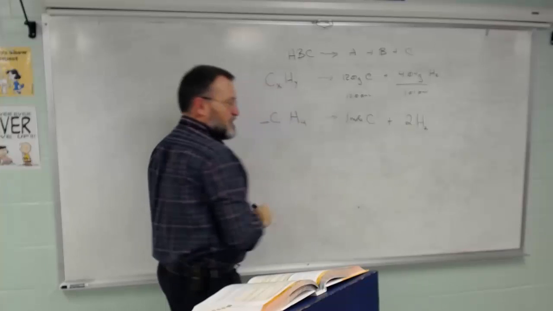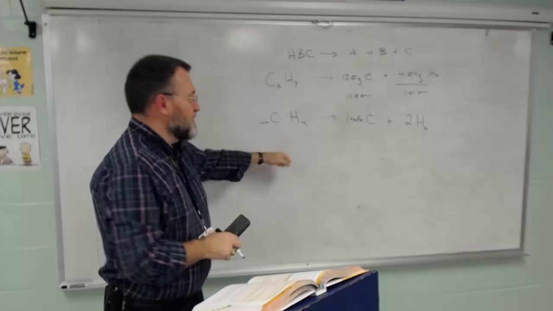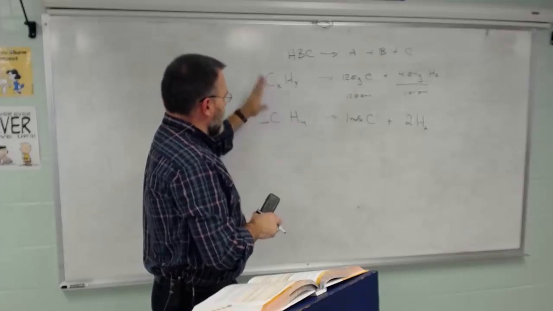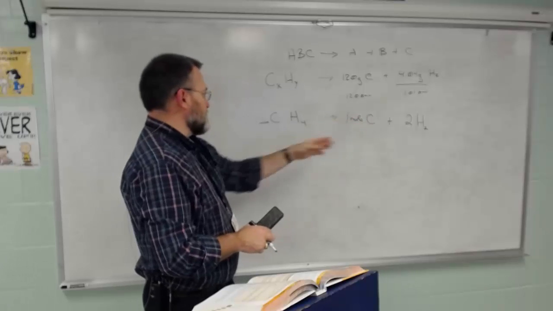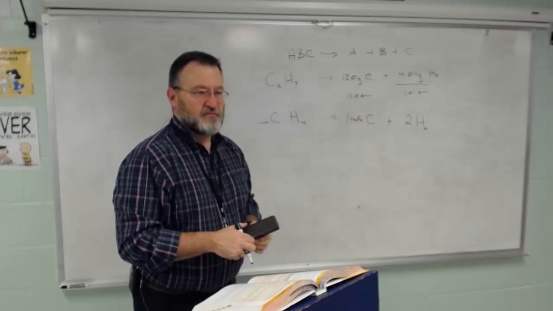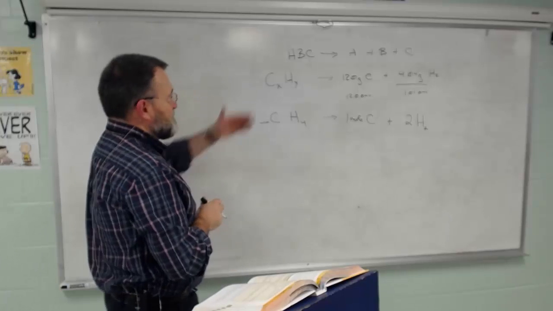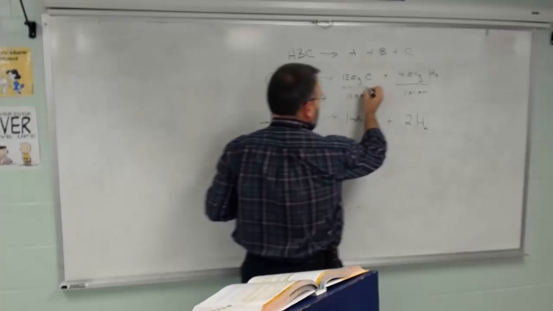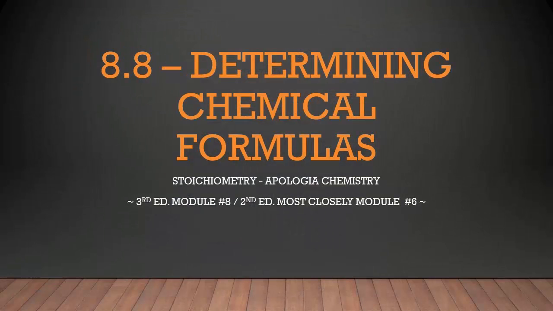So it's a methane molecule, a CH4 molecule. 1 mole of CH4 decomposes into 1 mole of carbon and 2 moles of hydrogen gas. So again, we have a mass divided by a molar mass to compute the moles to recreate the equation or the molecule.